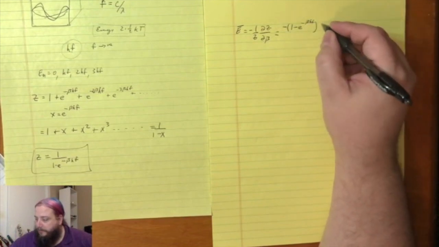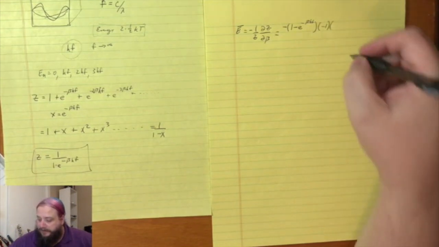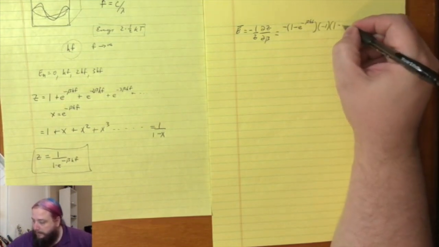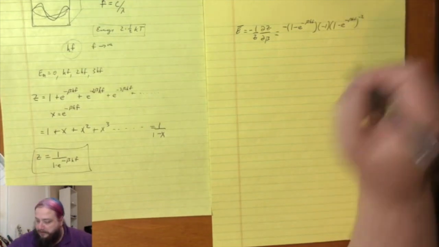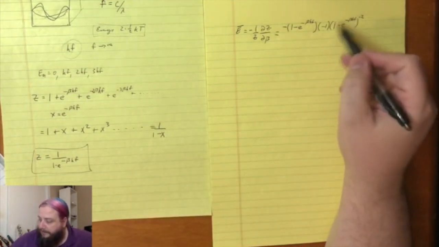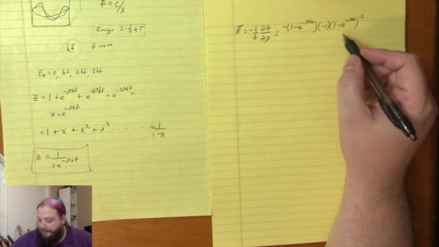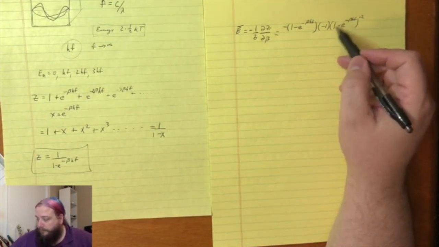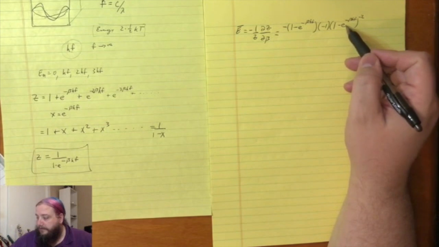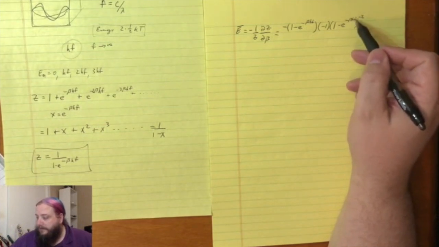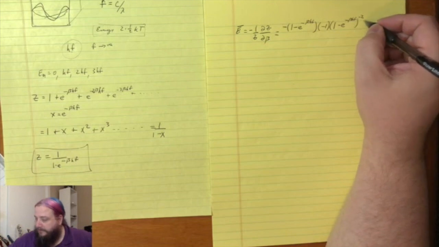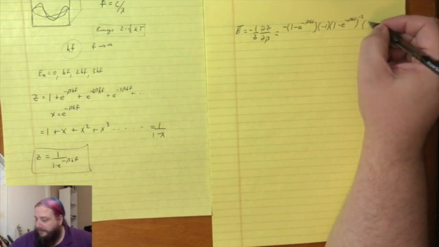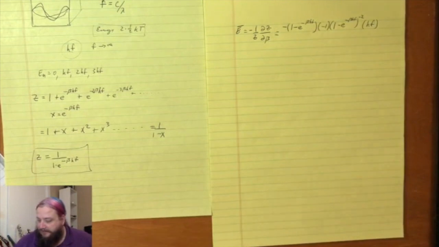So we're going to get this thing to the minus 1, so that minus 1 is going to come down, and we're going to get that thing, 1 minus e to the minus beta hf, to the minus 2 power. And then when we take the derivative of the inside, the first term doesn't give us anything, but the derivative of minus e to the minus beta hf is just going to give us, the two minuses cancel again, hf.